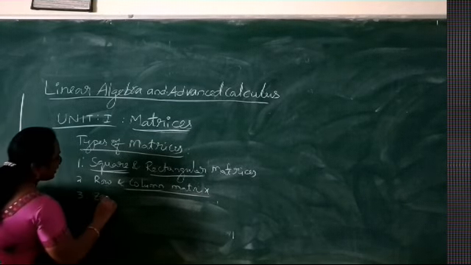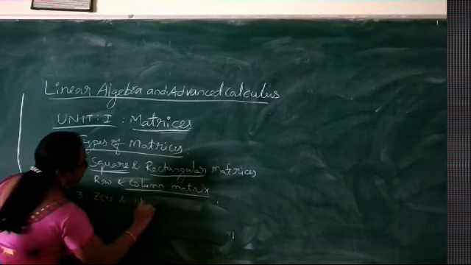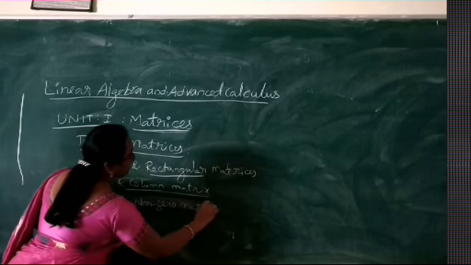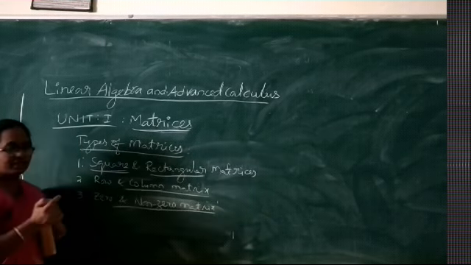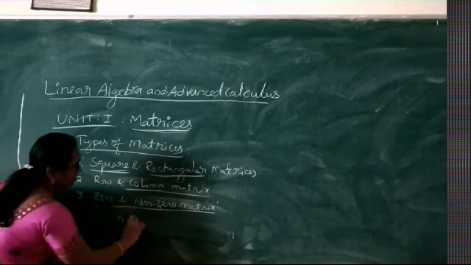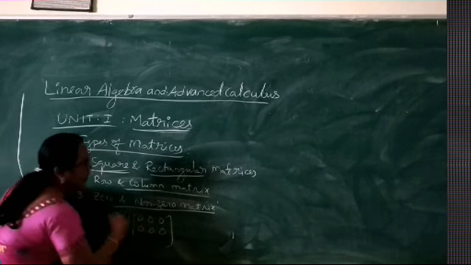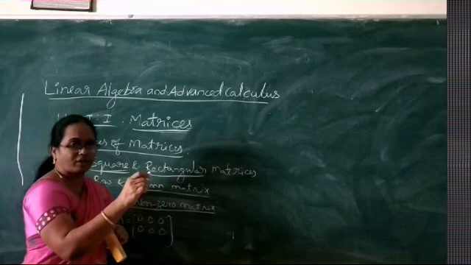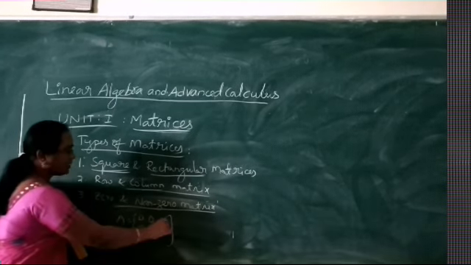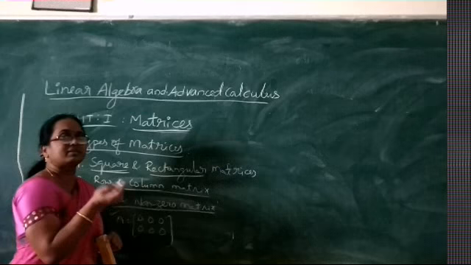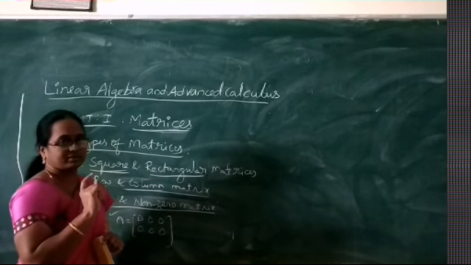It is zero and non-zero matrix. What is the matrix type? It is the zero and non-zero matrix. Suppose in a matrix we have all the elements, whatever is the order, whatever is the number of rows and columns. If all the elements in a matrix are 0, we call the matrix a zero matrix.